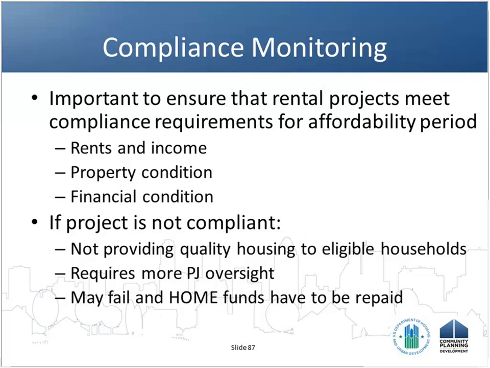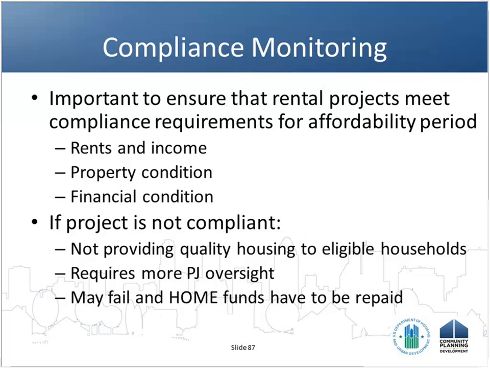And the reason that we're so concerned about this, of course, is that for the HOME program, if that property does not complete that affordability period, so if it doesn't maintain compliance for up to 20 years on our minimum standards, then all of those HOME funds have to be repaid.